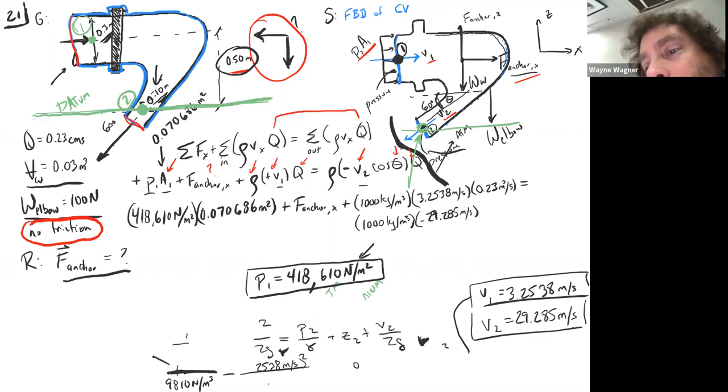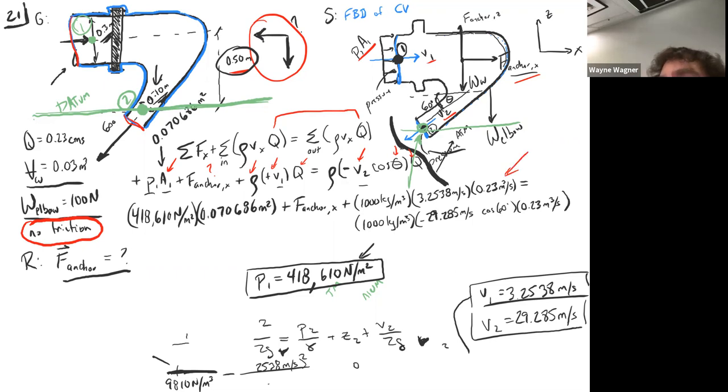Oh, I forgot my cosine in there. Times cosine of that angle, which is 60 degrees. Okay, and then Q, which is 0.23 CMS.